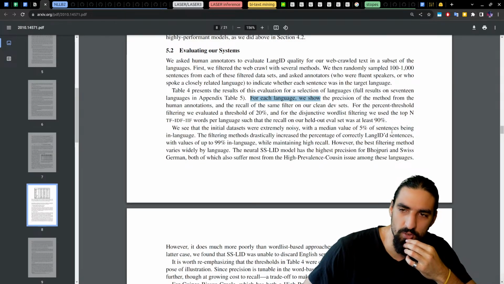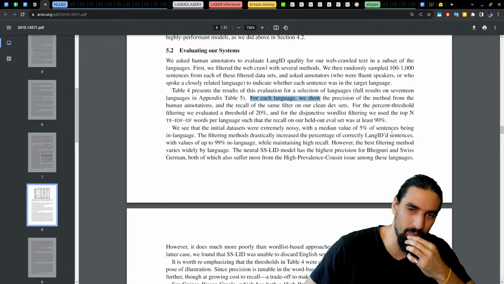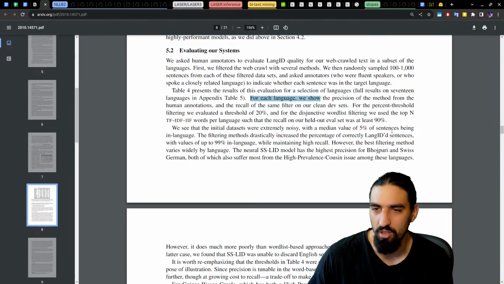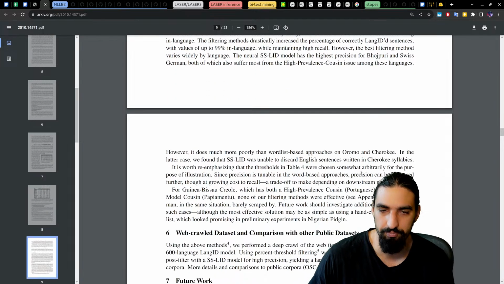However, the best filtering method varies widely by language. The neural SSLID has the highest precision for Bhojpuri and Swiss German, both of which also suffer most from the high prevalence cousin issue among these languages. However, it does much more poorly than wordlist-based approaches on Oromo and Cherokee.